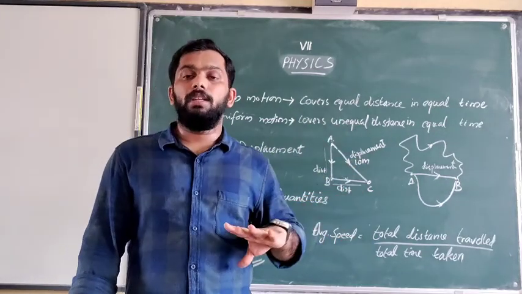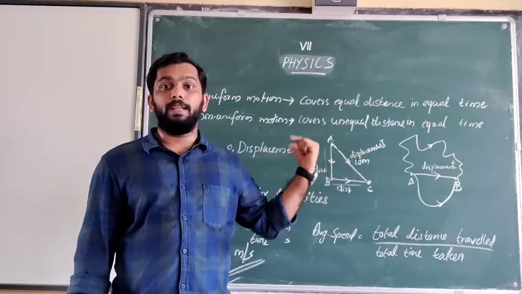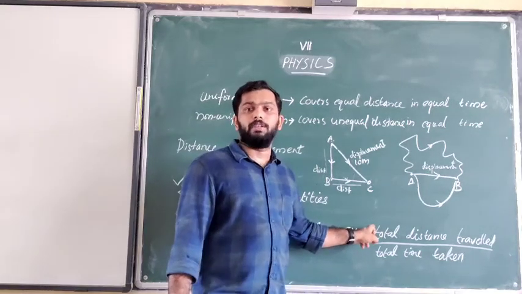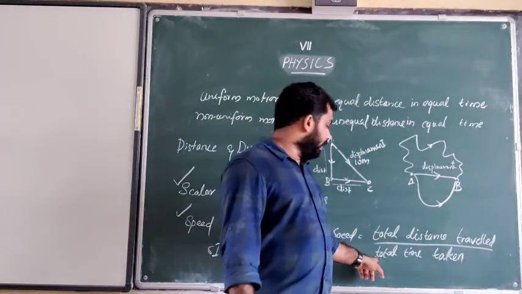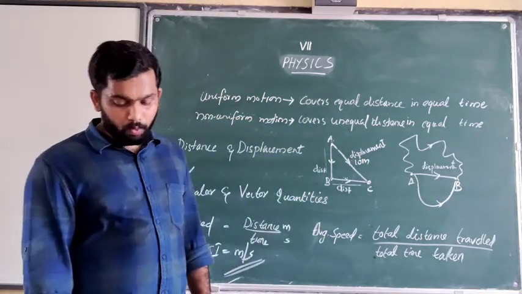Then what is the average speed? 10 plus 20 is the total distance traveled, 30 centimeter. Total time taken is 20 seconds. So 30 by 20 gives the average speed.